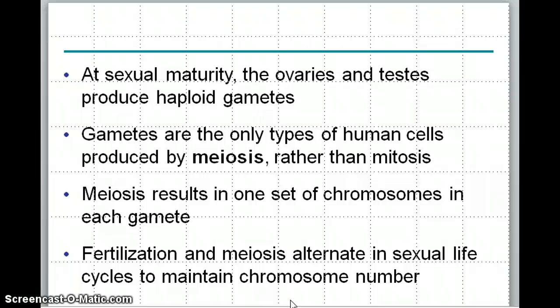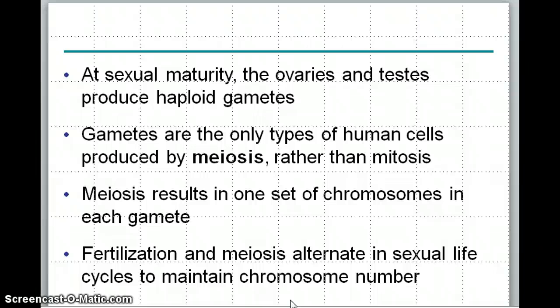Fertilization and meiosis alternate in sexual life cycles to maintain chromosome number. If you had a sperm gamete and an egg gamete both with 46 chromosomes, when that zygote was formed, you would end up with 92 chromosomes, which is not a human, and that's not your goal, because that wouldn't produce a viable offspring.